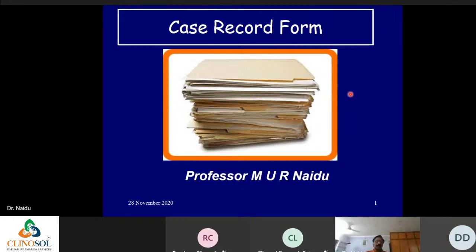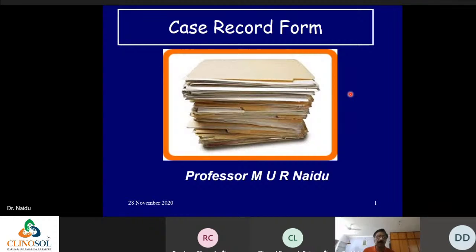is the document which is in black and white, available for the regulators, inspectors, auditors, monitors, ethics committee members and so many people.